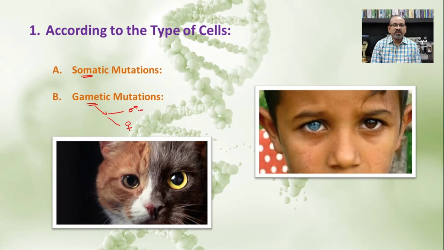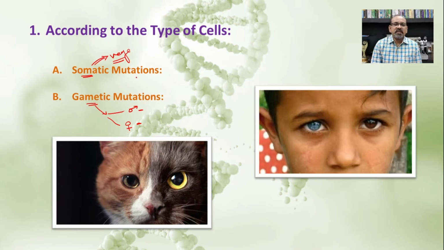The cells involved in the formation of the male and female gametes are known as gametic cells, while the cells other than those responsible for the formation of gametes are known as somatic cells. Even in plants, we can say that they are the vegetative cells.